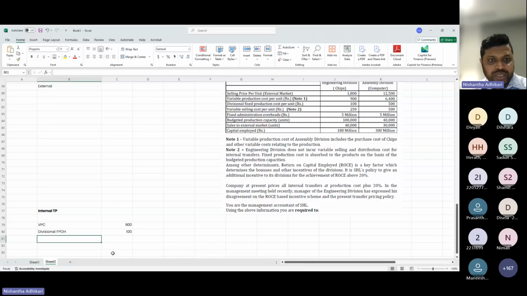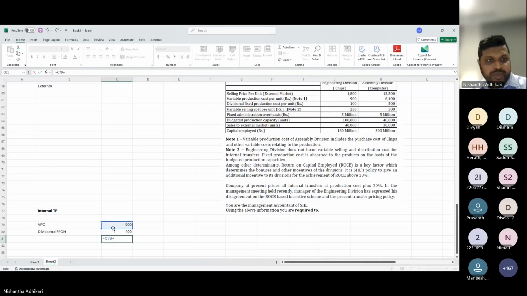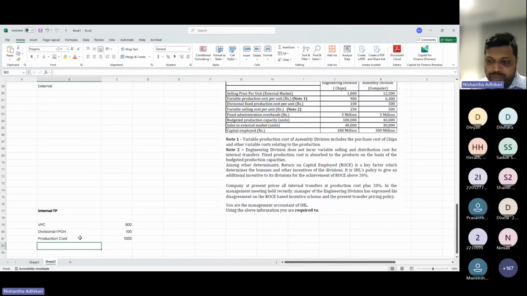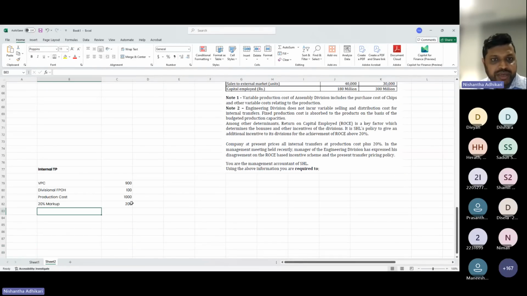Then production cost comes to 1000. Therefore 20% markup is 200. Then the selling price becomes 1200.